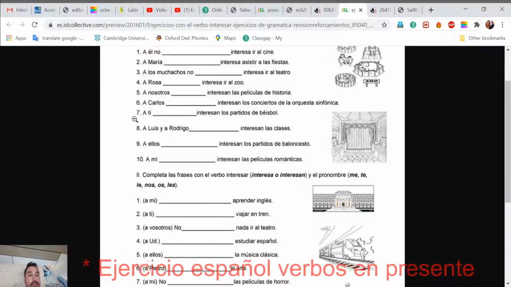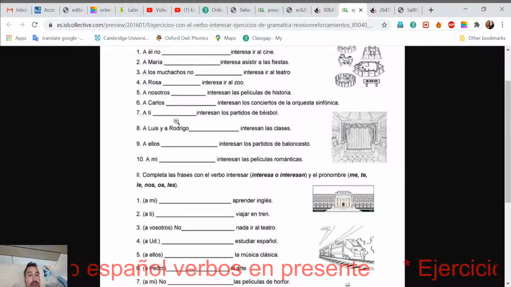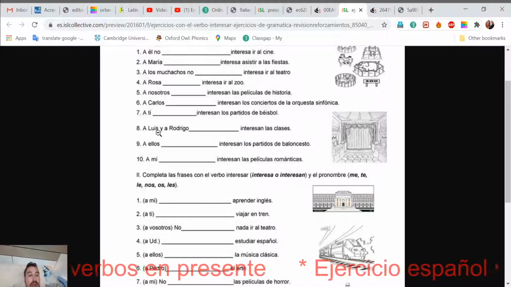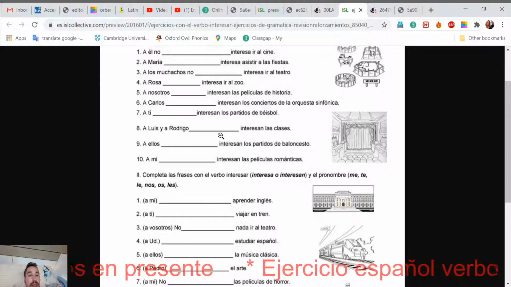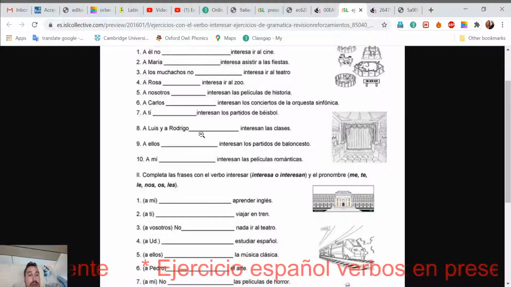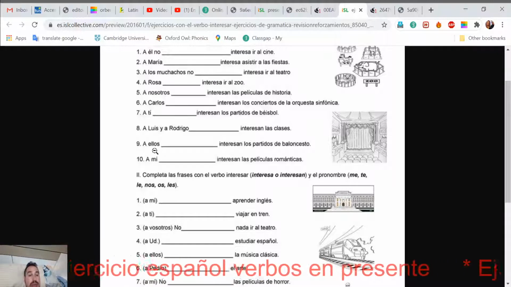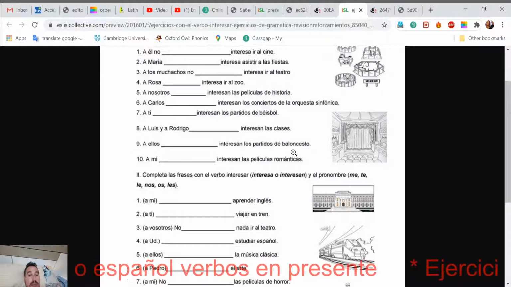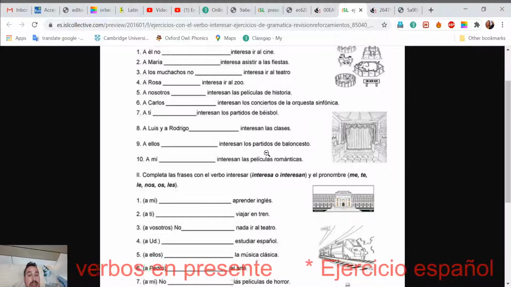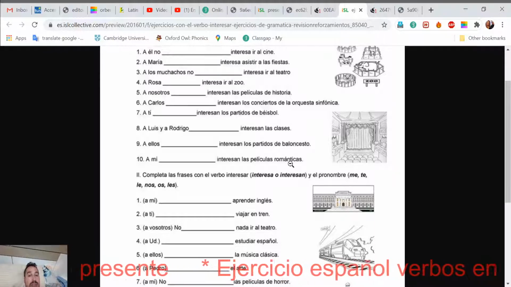So, a ti te interesan los partidos de béisbol. So you're interested in baseball matches. 8. A Luis y a Rodrigo les interesan, so Luis and Rodrigo are interested in the lessons. 9. A ellos les interesan los partidos de baloncesto. So they are interested in basketball matches. A mí me interesan las películas románticas. So I am interested in romantic films.